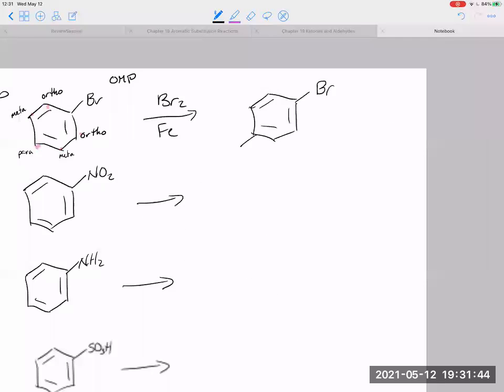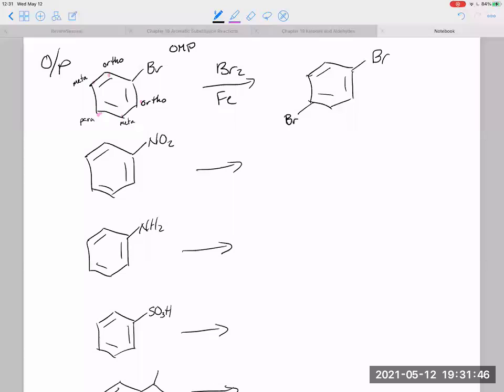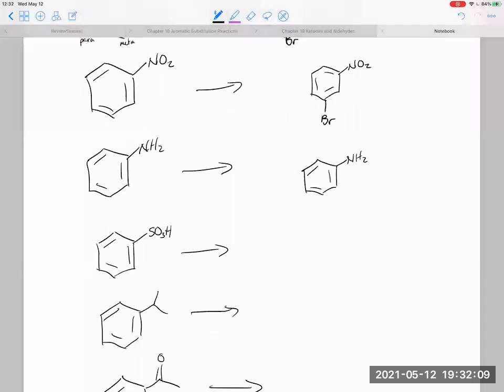Okay. All right. So yes, bromine is ortho-para. So I'm just going to stick it on the para position. It could go to the ortho position. You get a mixture. What about the nitro group? That is meta. What about the amine group?